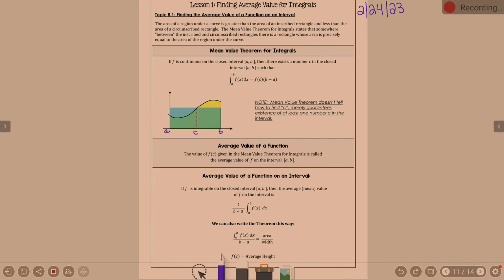Now, if we go back to the beginning where it talks about an inscribed rectangle versus a circumscribed rectangle, this curvy thing is my curve. An inscribed rectangle would be going here at the lowest point and having this bottom rectangle down there.